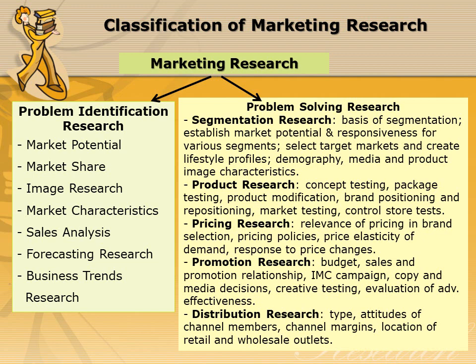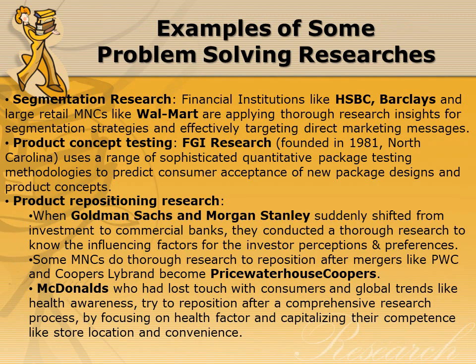We assume in real life, as a manager, that we know what the pragmatic problem is, and we normally go for problem solving research. So these are the possible research problems we normally go for: segmentation research, product research, pricing research, promotional research, or distribution research.